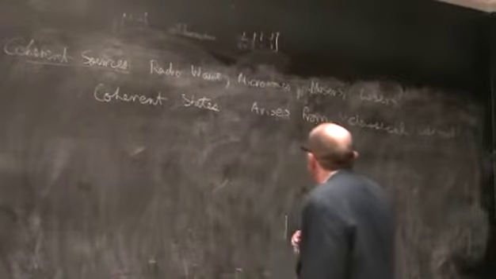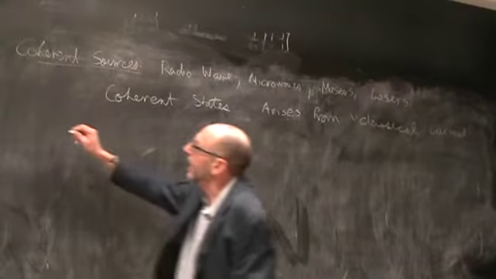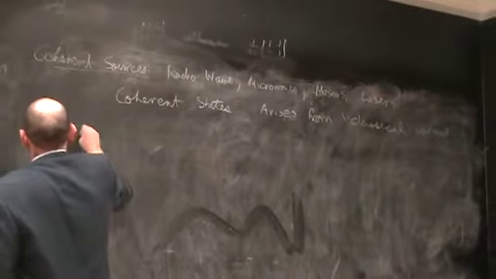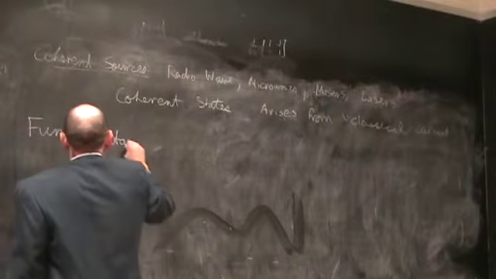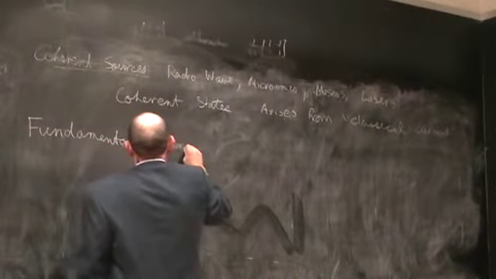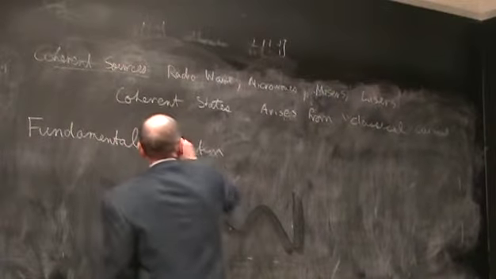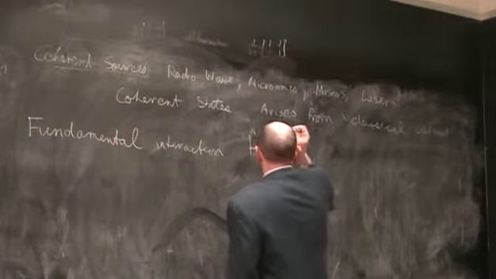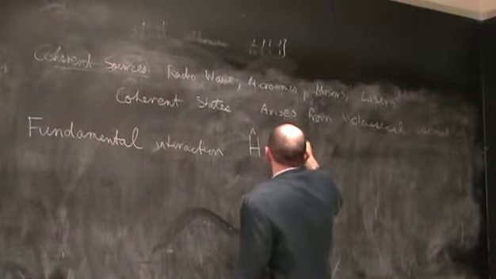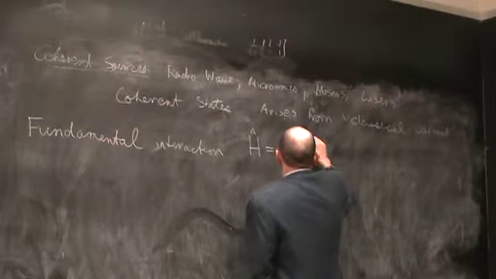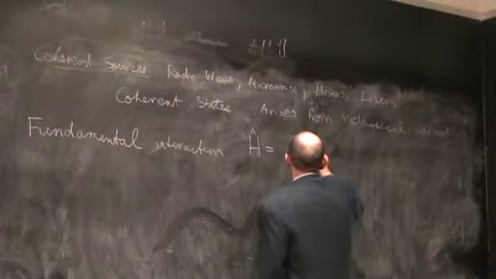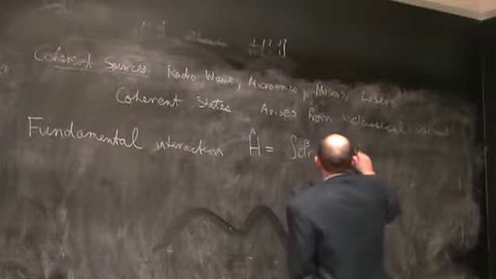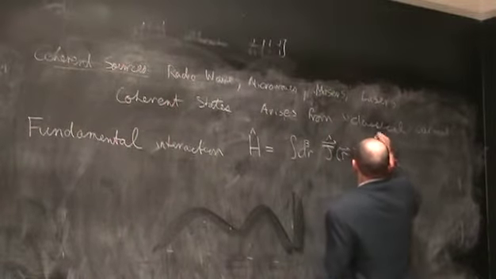So, why do I say that this is the case? Well, let's look at the fundamental Hamiltonian. The fundamental interaction is the interaction between the current associated with the charges and the vector potential.